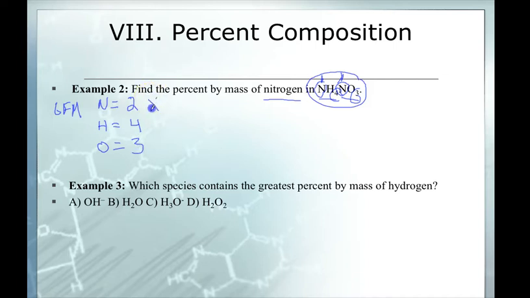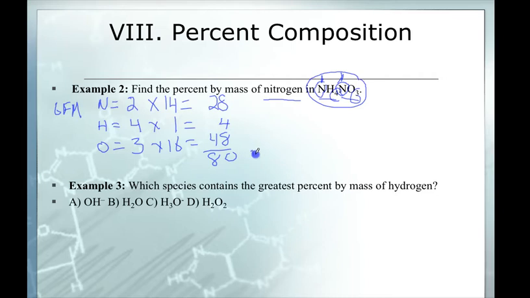I go to the periodic table. The nitrogen mass is 14. We know hydrogen is 1. And oxygen is 16. So let's multiply these. That comes out to 28. This comes out to 4. And this comes out to 48. So 28 plus 4 plus 48 comes out to 80 as the total.